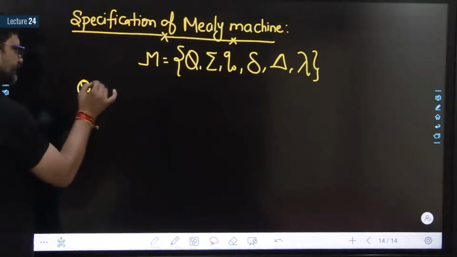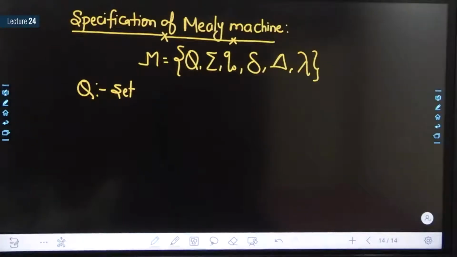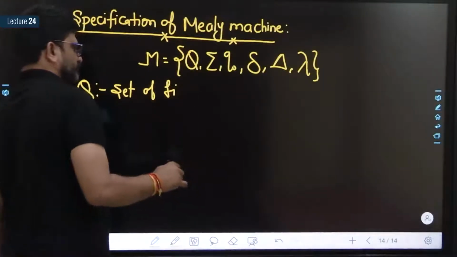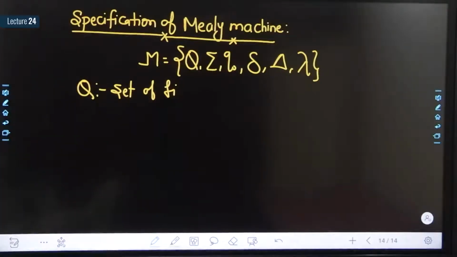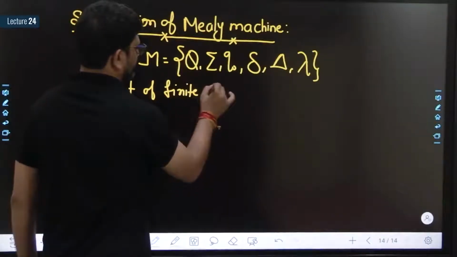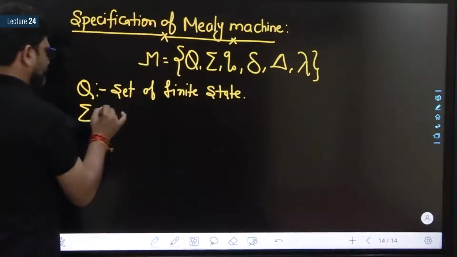What is Q? Set of finite states. Sigma is input alphabet.